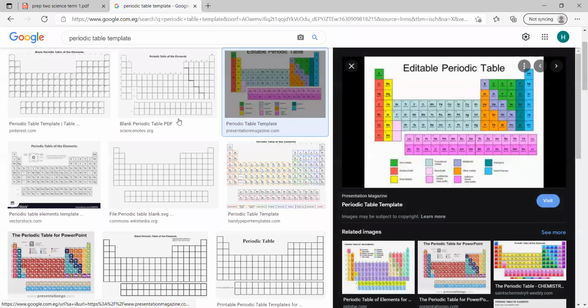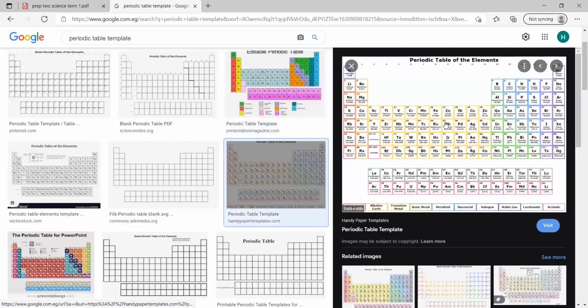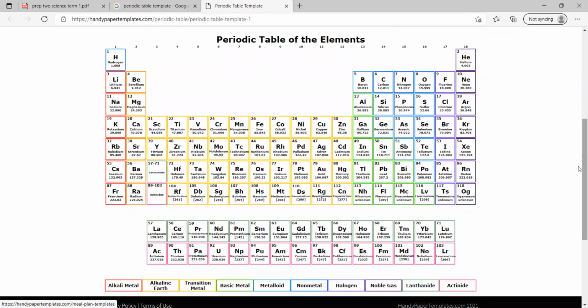Where is our template that we used one time before? Anyway, okay. Wow, there is another element. So when we move, this is the periodic table.